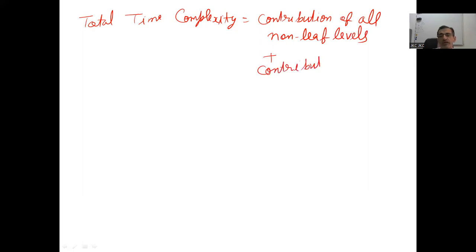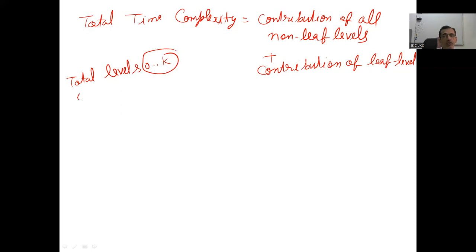Leaf has T of 1, so that is counted separately. All other levels contribute something like Cn square into something, and that is why we find those summations alone. Mathematically, total levels we have calculated. They were total 0 to k. Out of those, 0 to k minus 1 are non-leaf. So I can say non-leaf or non-leaves.